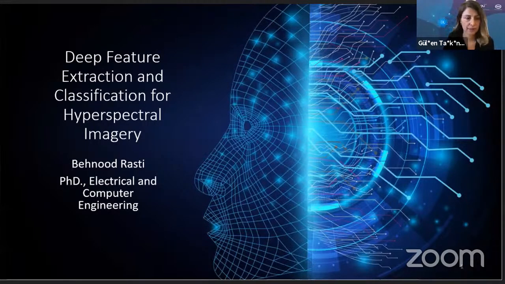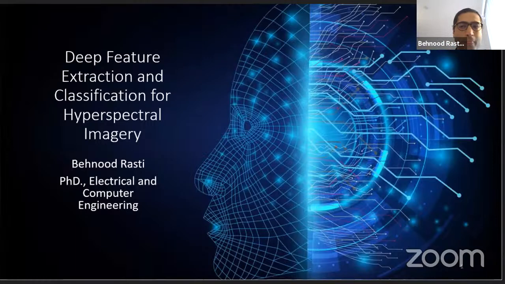Yes, you can see the first page. Great. So thanks, Alp, for the introduction. My name is Behnood Rasti, and I'm with the Machine Learning Group at Helmholtz Institute in Freiberg. And this talk is about deep feature extraction and classification for hyperspectral imagery.